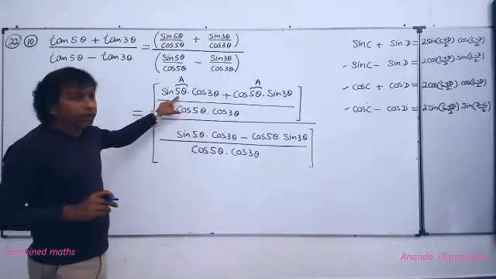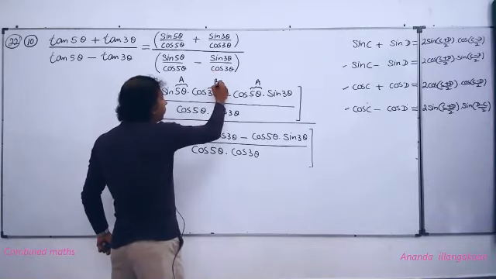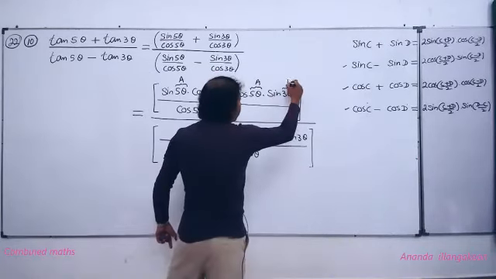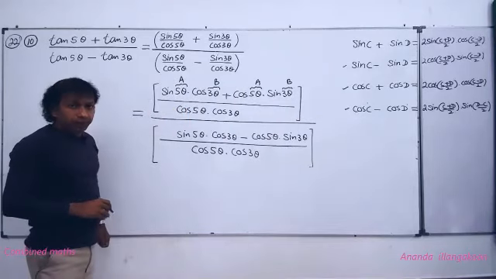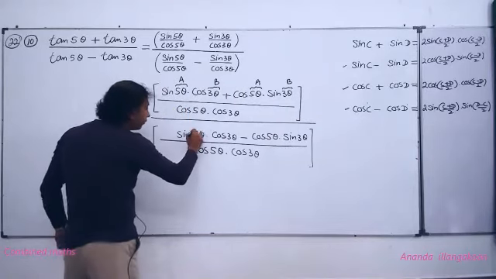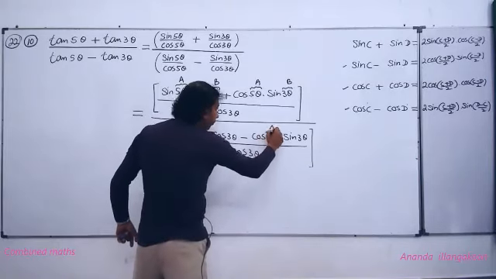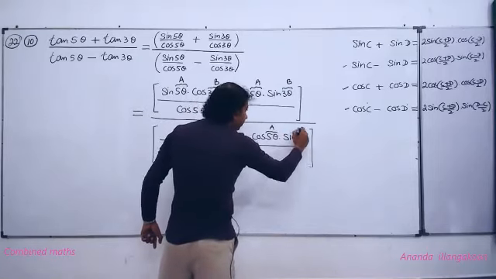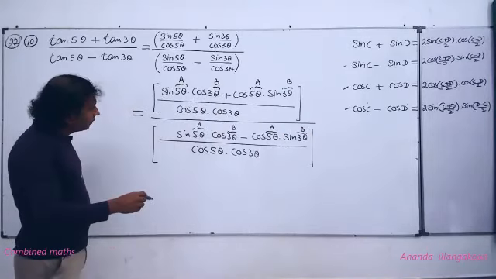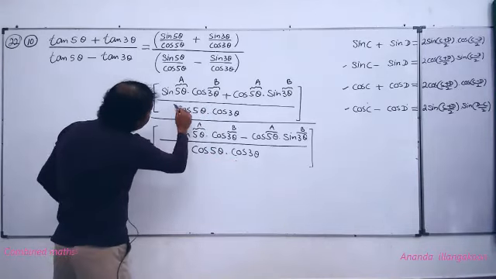That angle only I considered as A. This 3 theta I take, people, as B. Right. And here also I think like that. This is A, then this also A. This is B, then this also B. People, this cos 5 theta cos 3 theta, cos 5 theta cos 3 theta, these two you can cancel down.